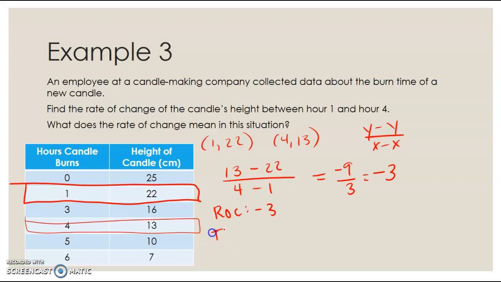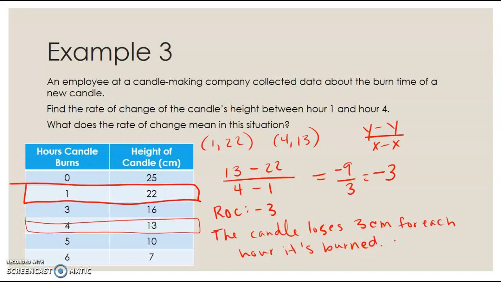the candle loses 3 centimeters for each hour it's burned.